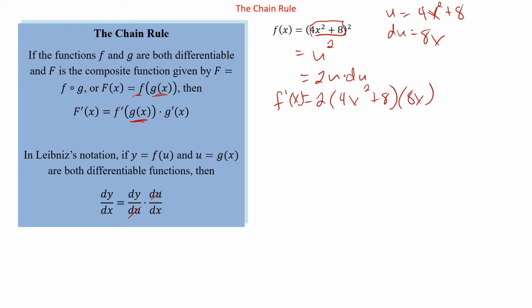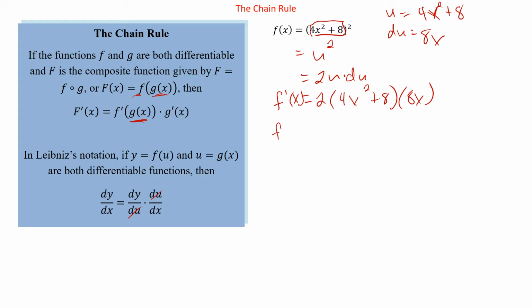Generally speaking, we wouldn't necessarily just leave it like that. I mean, we could easily multiply the 8x and the 2. I'm going to multiply the whole thing out. A lot of times we don't, but in this case I'm going to, because we're going to do this problem again using another method.